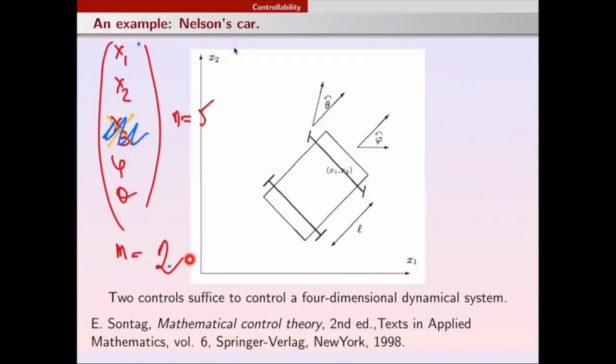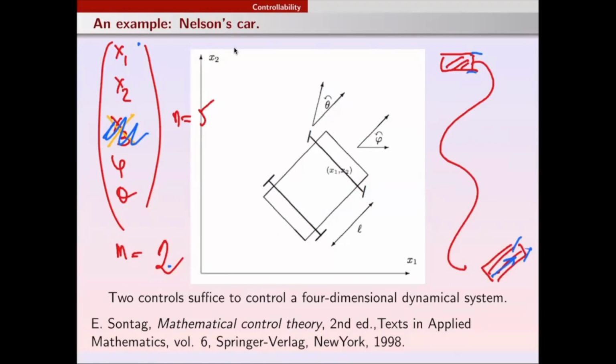Therefore, the Nelson car is controllable in the sense that you can put the car from any configuration into any other one, located where you wish, oriented as you wish, and with the wheels also at the angle you wish.